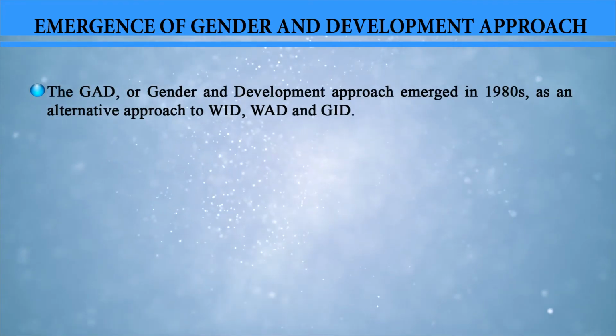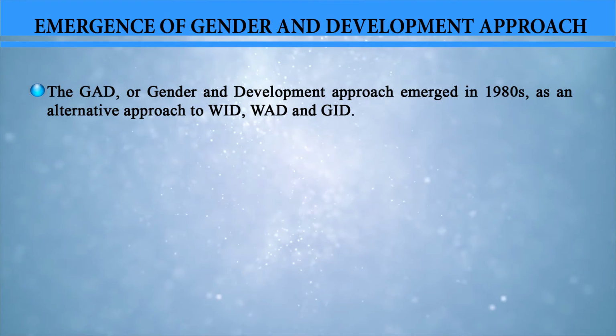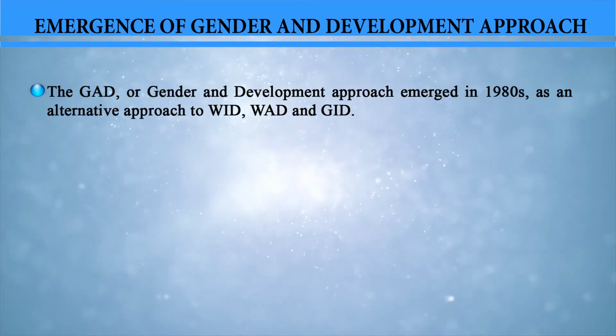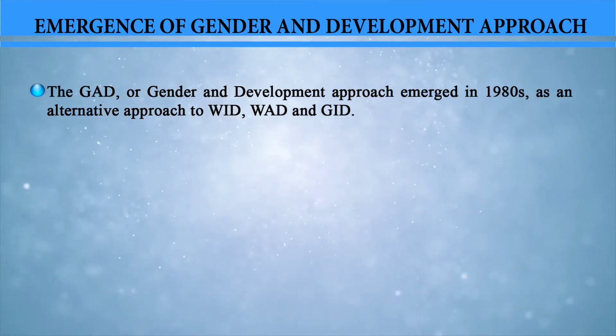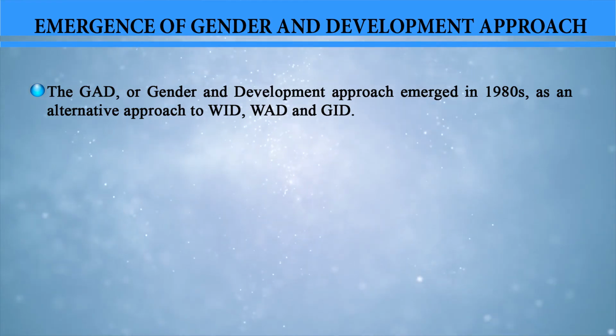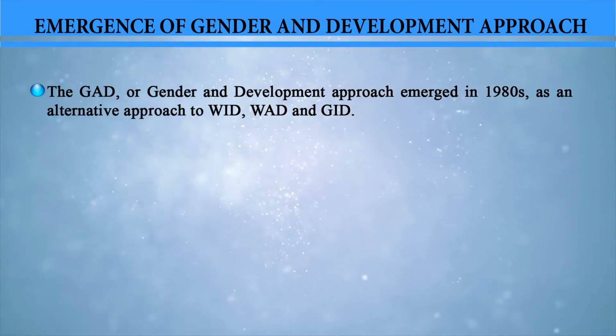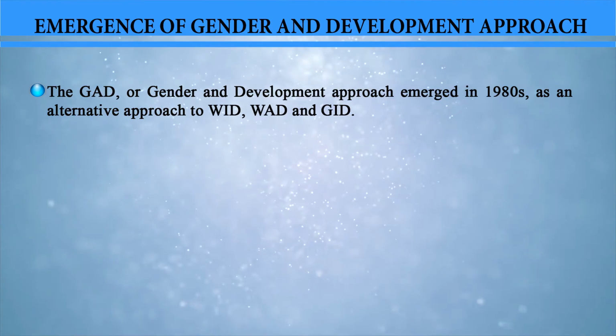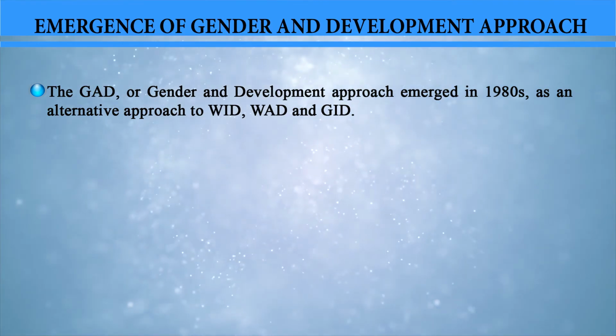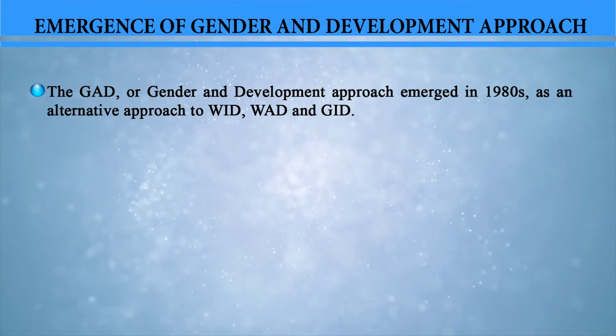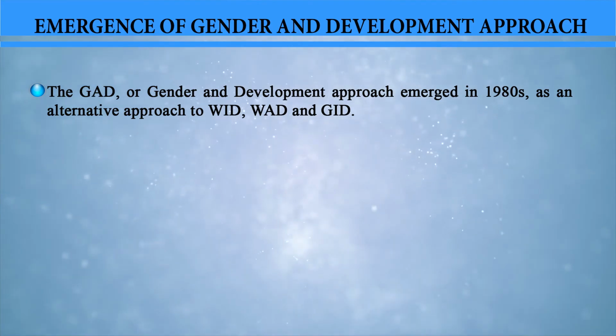The Gender and Development, or GAD, approach emerged in the 1980s as an alternative to WID and WAD, because the WID approach concentrated only on economic development. They realized that mere economic development would not improve the status and position of women.